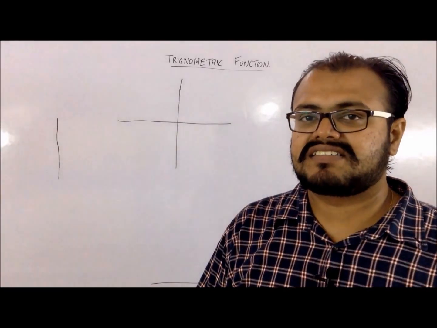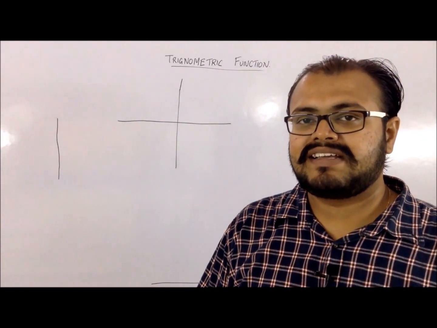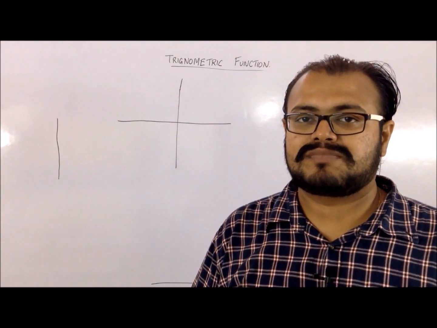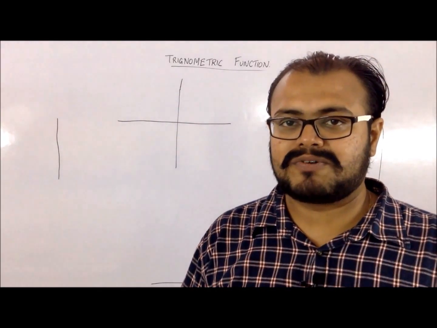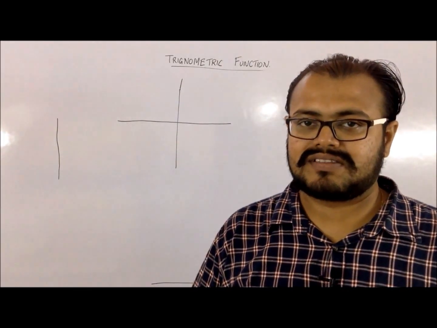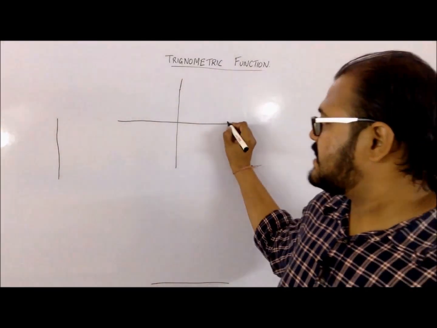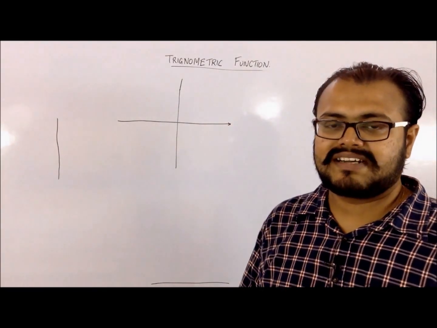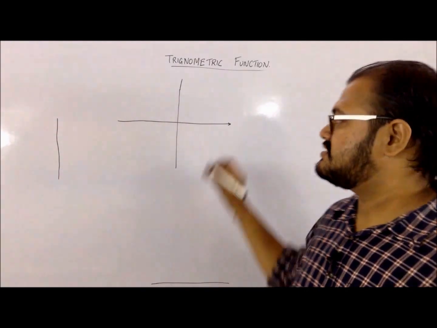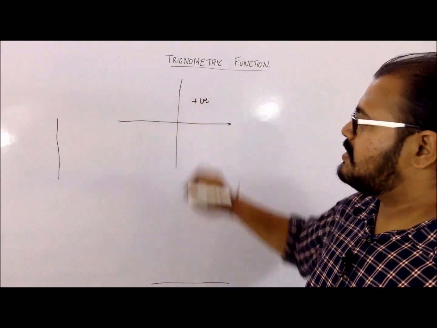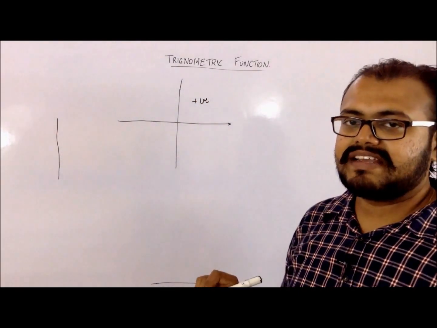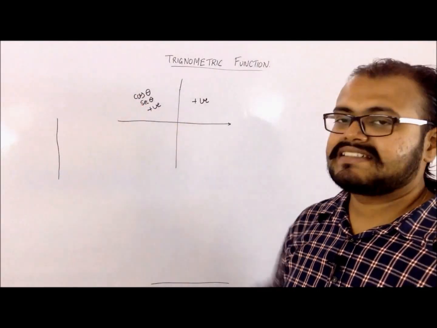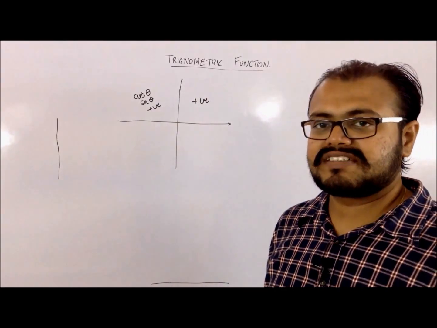If we see our Cartesian coordinate system, depending on the angle where it is lying, the values of my trigonometric functions will be positive or negative. So if my angle is lying in the first quadrant, then all the trigonometric functions will give me a positive answer. In the second quadrant, my cos theta and sec theta will give me a positive answer.